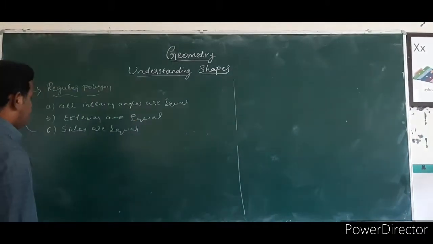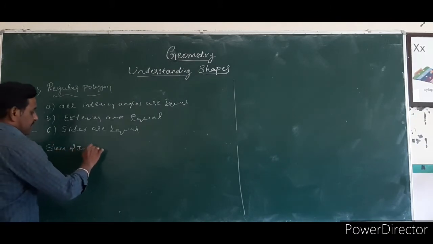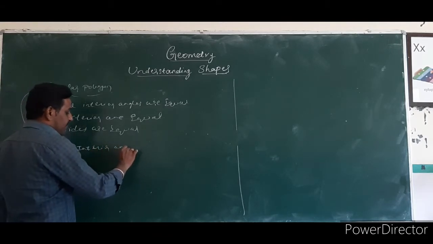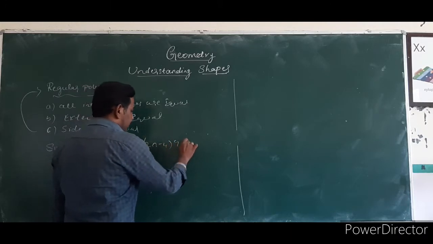We know the sum of interior angles is the same formula, 2n minus 4 into 90 degrees.